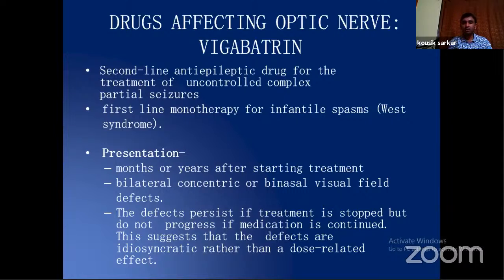The defect persists if the treatment is stopped, but does not progress if the medication is continued. So it is said that the association of optic neuropathy with this drug is usually idiosyncratic, rather than a dose-related effect.